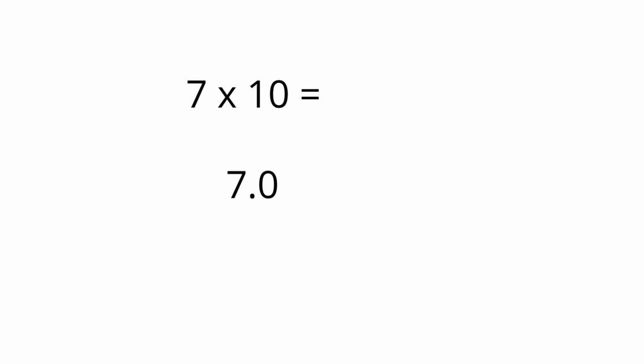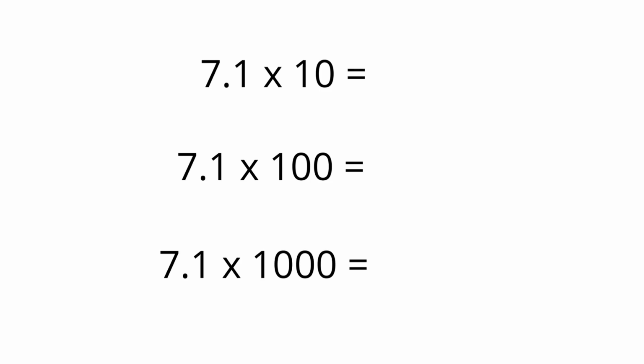And when I move my decimal place, because I'm multiplying by 10, I can move my decimal place here to the right 1 place value. Because I know multiplied by 10, everything needs to shift 1 place value. So I'm going to move my decimal place here to the right 1 place value, giving me the answer of 70. This technique makes multiplying decimals by powers of 10 very, very simple.